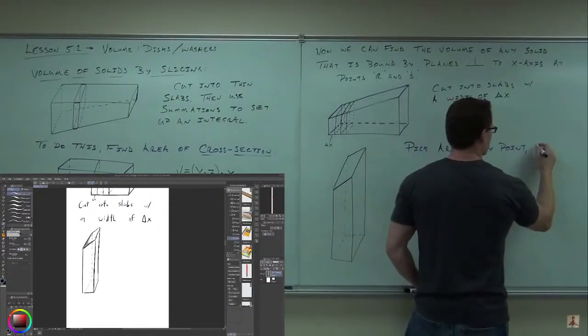Do you remember? x_k star or c sub k, one or the other. I'm going to use x_k star because that's what I grew up with. So arbitrary point x_k star or c sub k, doesn't really matter, on the interval.